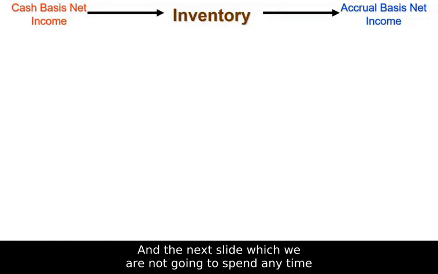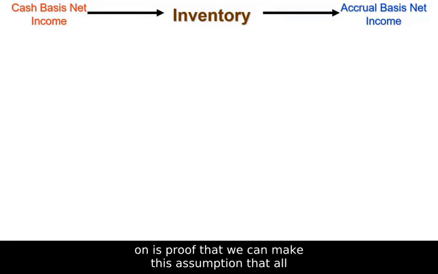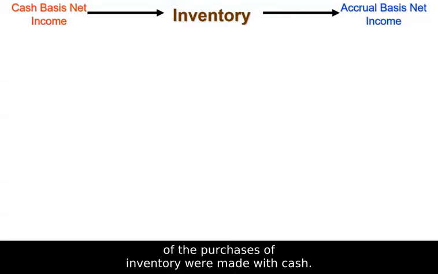And the next slide, which we're not going to spend any time on, is proof that we can make this assumption that all of the purchases of inventory were made with cash.